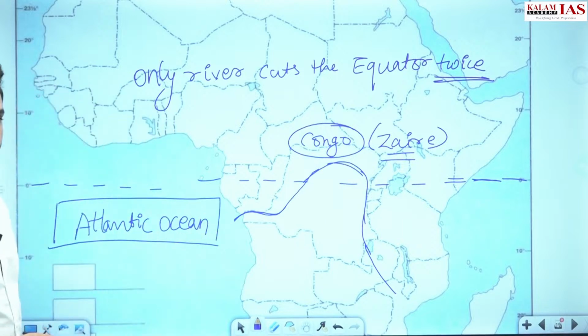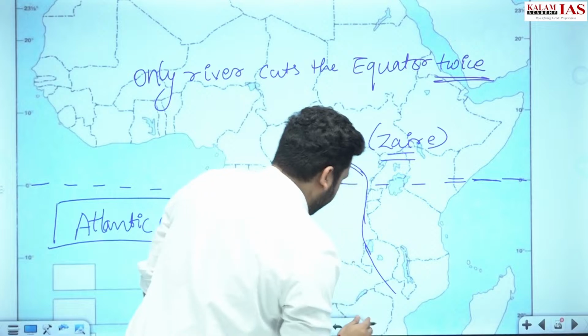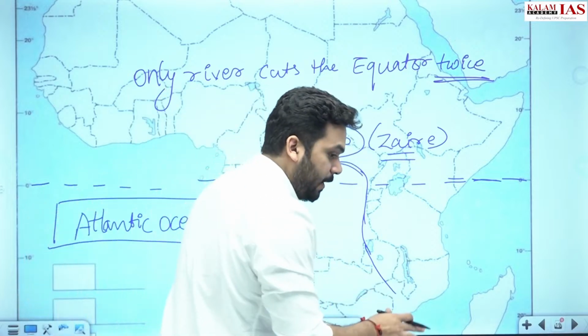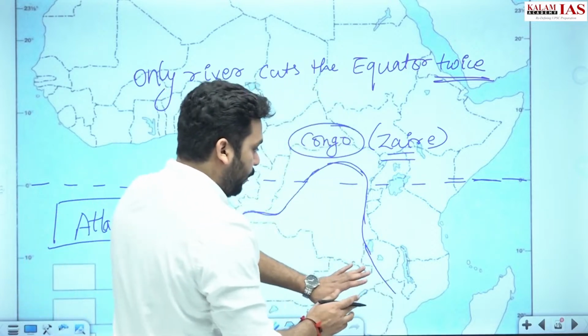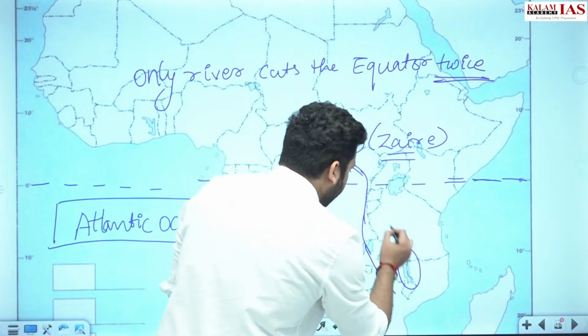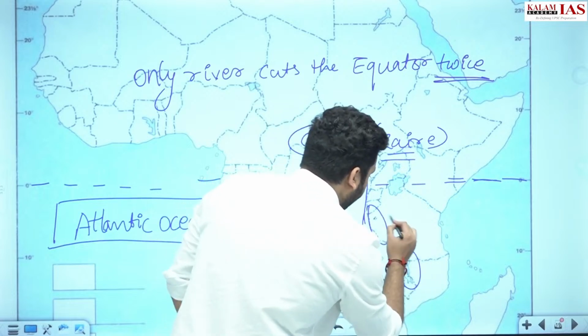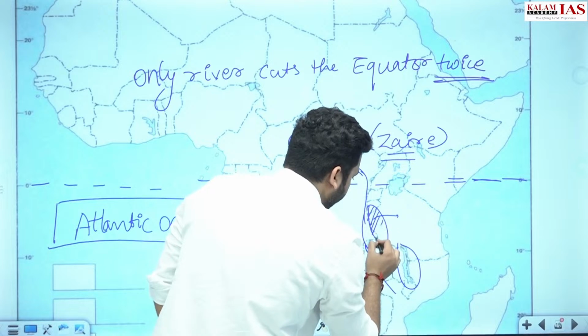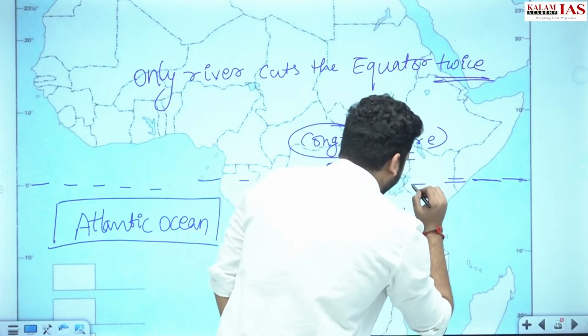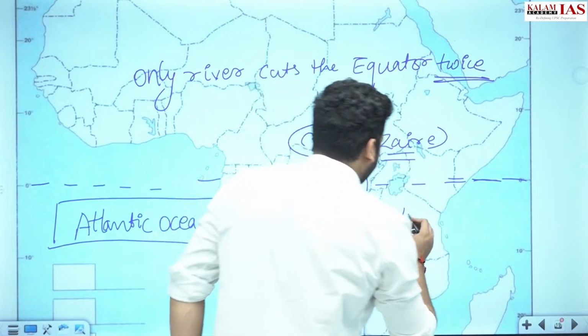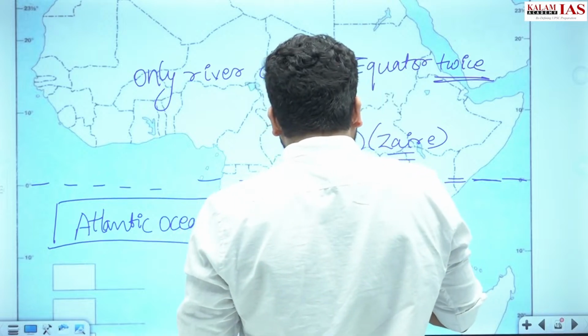This is the broad framework. It is originating somewhere from the Zambia region, between two lakes, Lake Malawi and Lake Tanganyika.